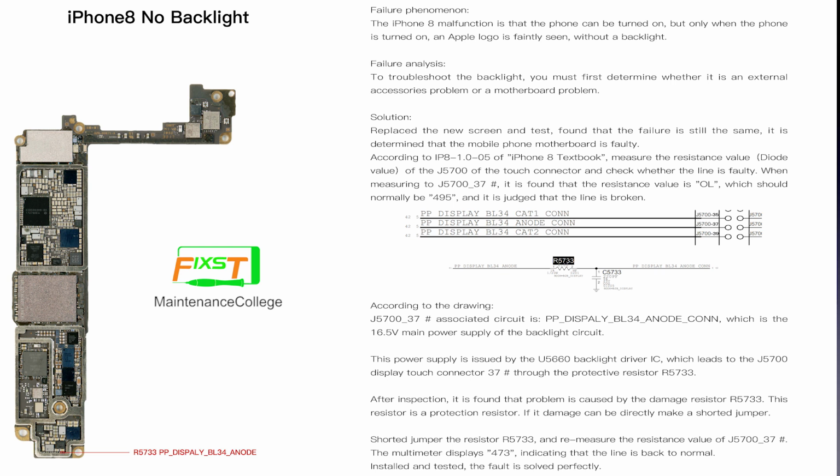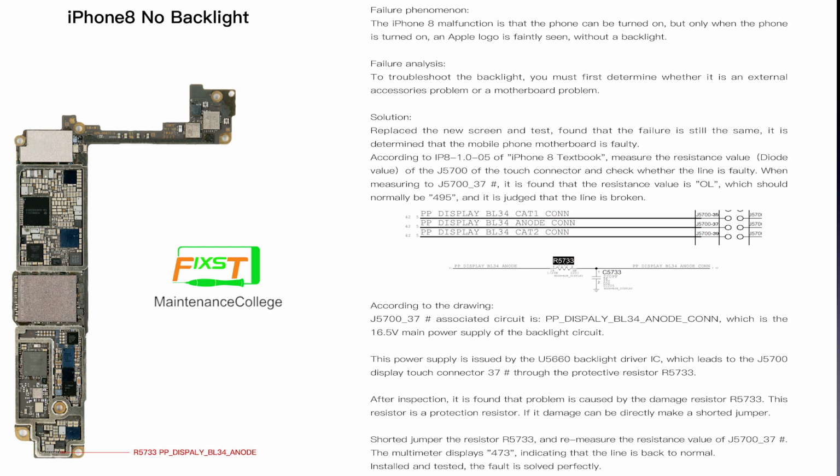When we tested the connector, pin 13.7 showed OL, which means this line is open. According to the schematic, you can see that this 13.7 pin is PP_DISPLAY_PL134, which is the 16.5 volt power supply to the backlight circuit.